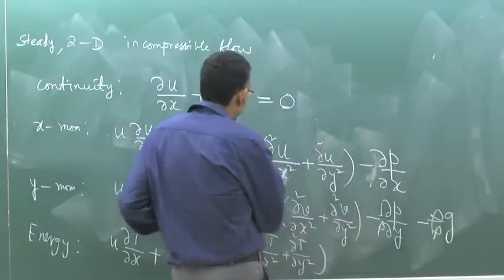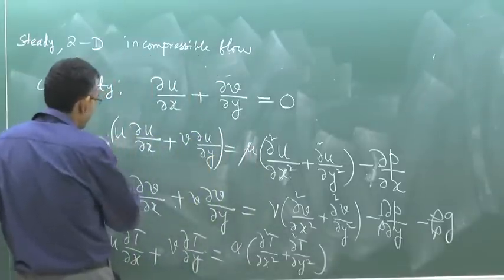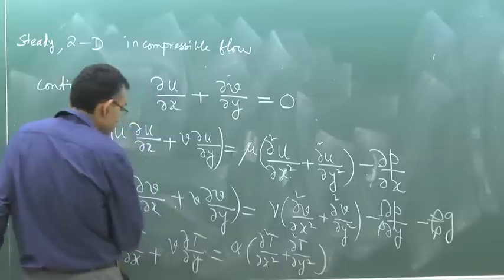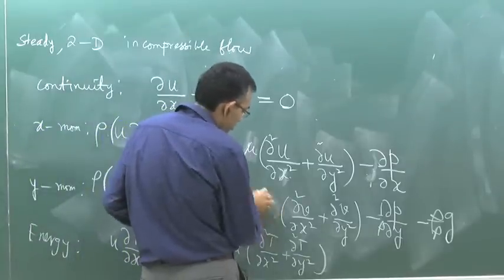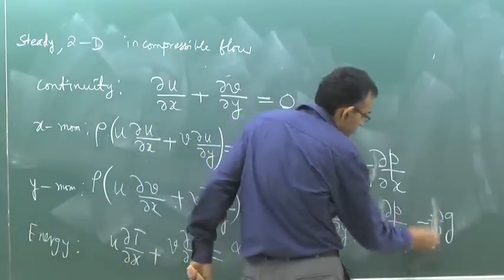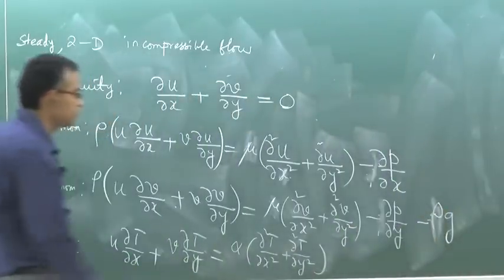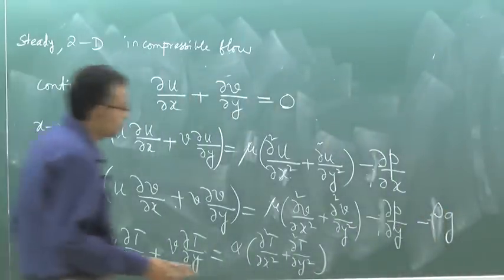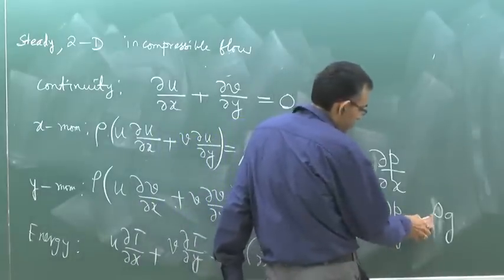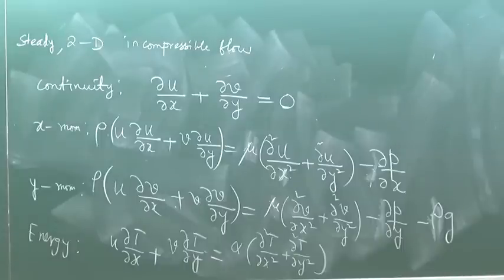So this will become mu, and this is rho, this is mu, okay.